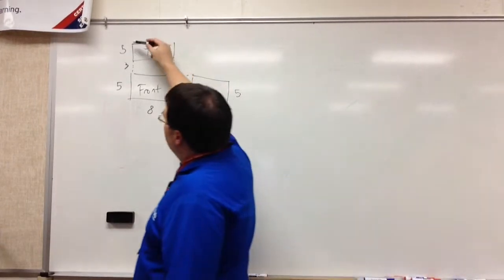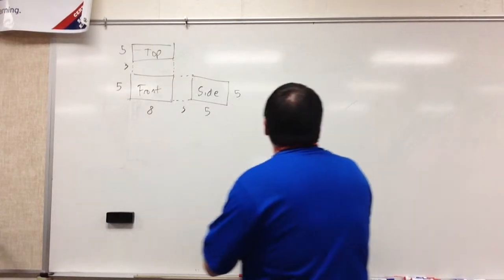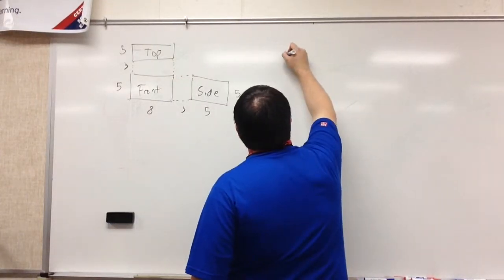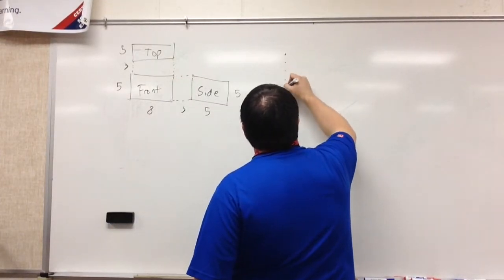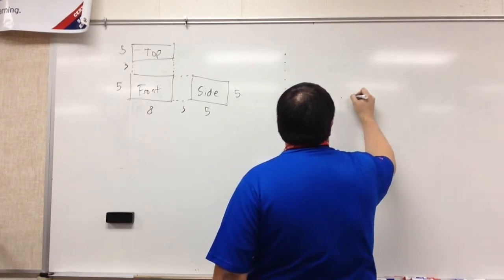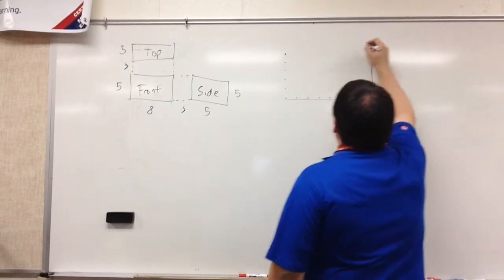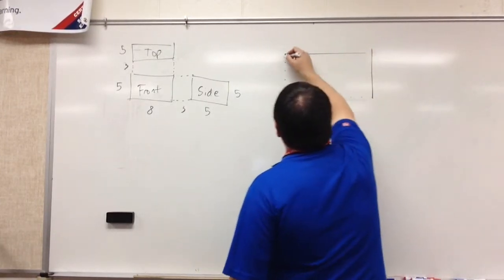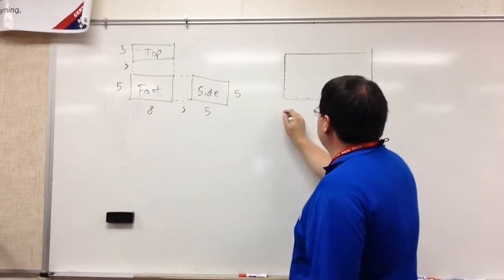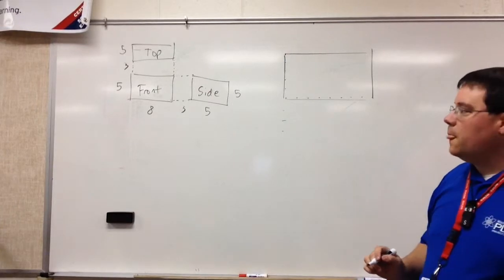At the top, you can make just a light rectangle that's 5 by 8. That's going to be the top. I'm going to skip 3 for the space.